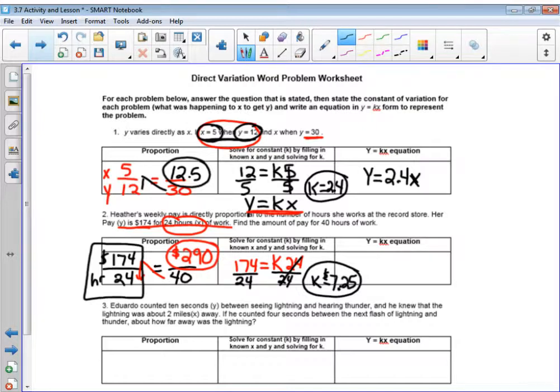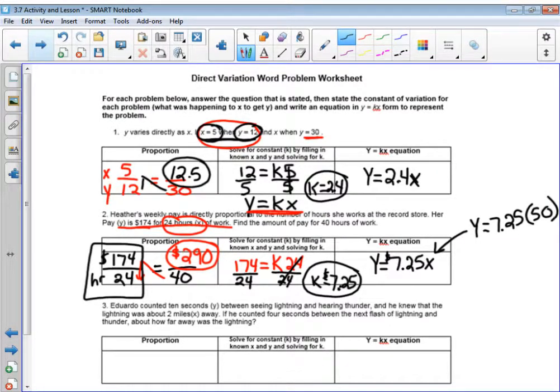In our third box, we're going to go ahead and substitute in. So y equals, our k was $7.25. And then we would substitute in for x. So for example, why would we ever use this? Well, maybe I want to find out how much she would get for a 50-hour week. So then I could figure out her y, her pay, equals $7.25 times 50 hours.